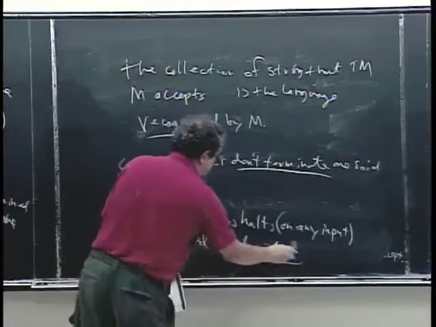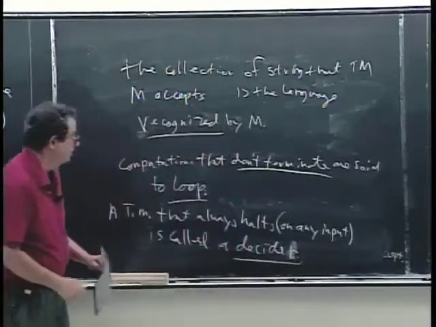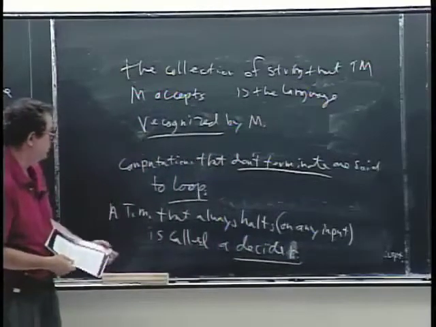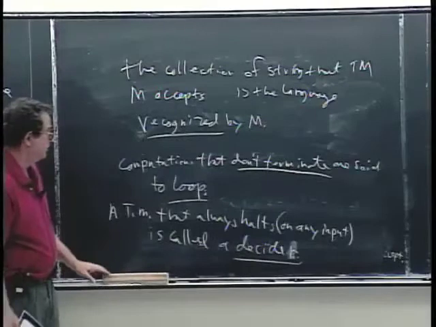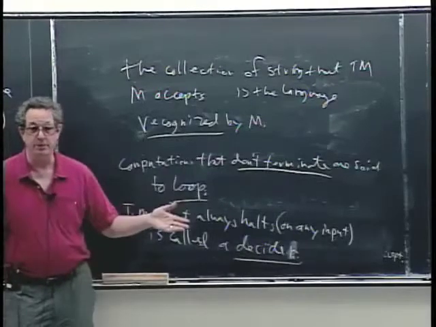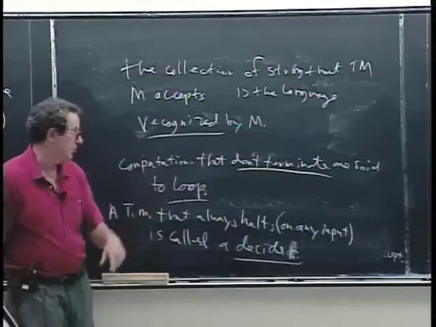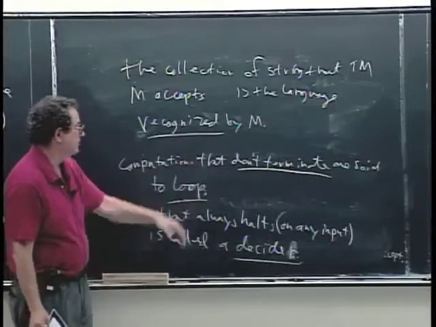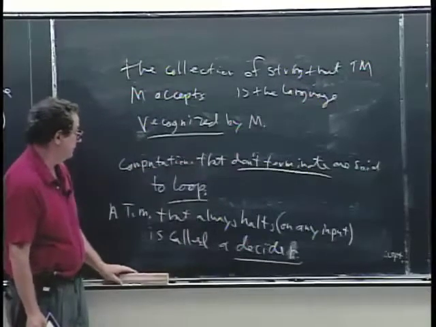So that's a special word we use to represent a Turing machine which on its inputs always ends up rejecting or accepting. It never has the behavior that it doesn't terminate.